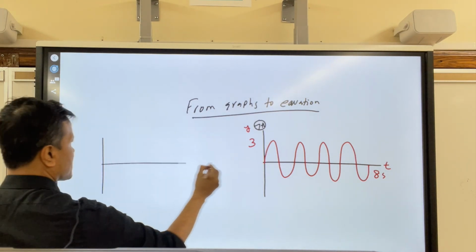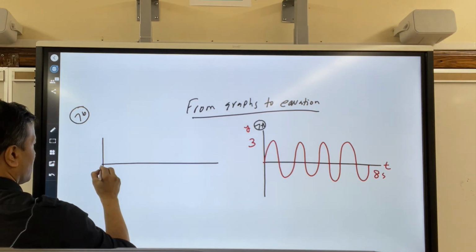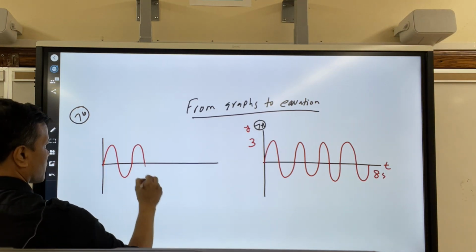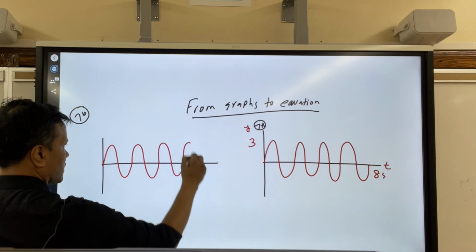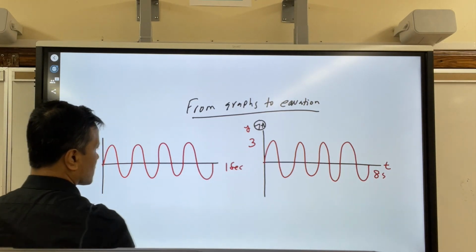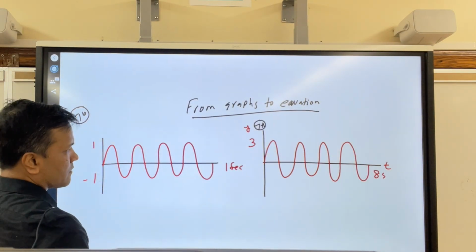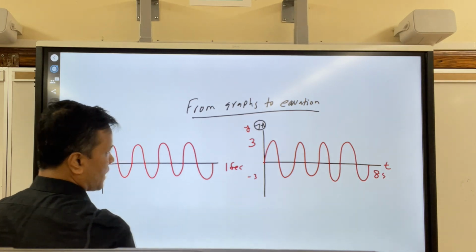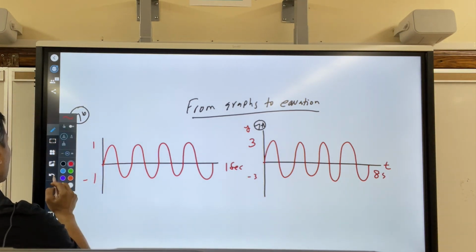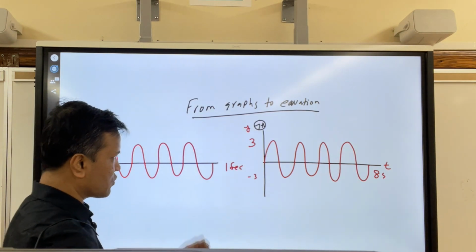And this is 7b. Again, I'm going to give you 4 cycles. 1, 2, 3, 4. 1 second. And I'm going to give you 1, -1. This is -3. Okay, good. That's it. I want you to write the equation.